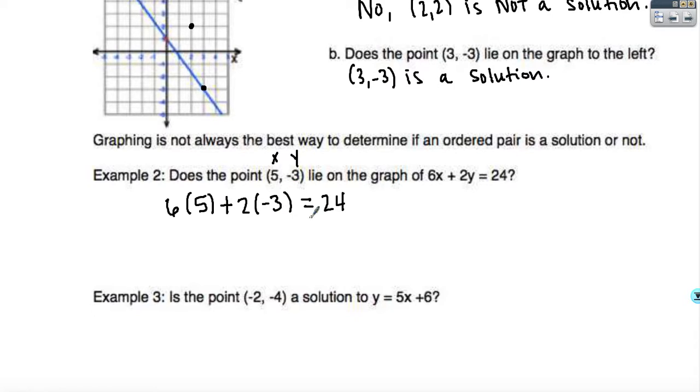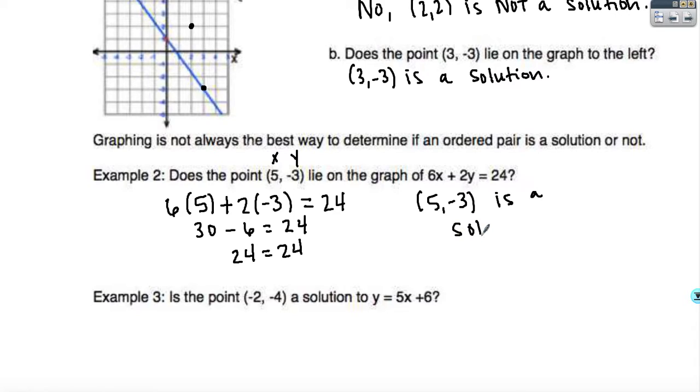If it's not equal to 24, then it's not a solution. If I work this out, 6 times 5 gives me 30, and 2 times -3 gives me -6. So I have 30 minus 6, and that gives me 24. Because 24 does equal 24, (5, -3) is a solution.